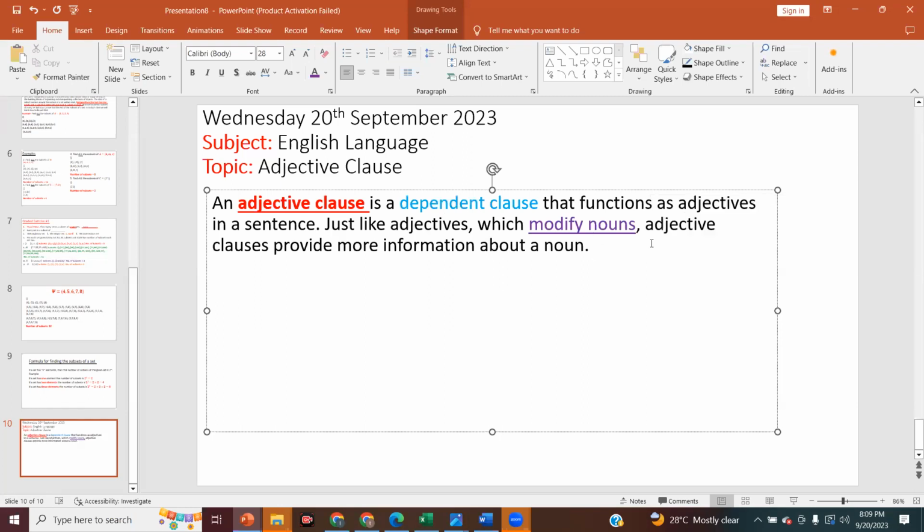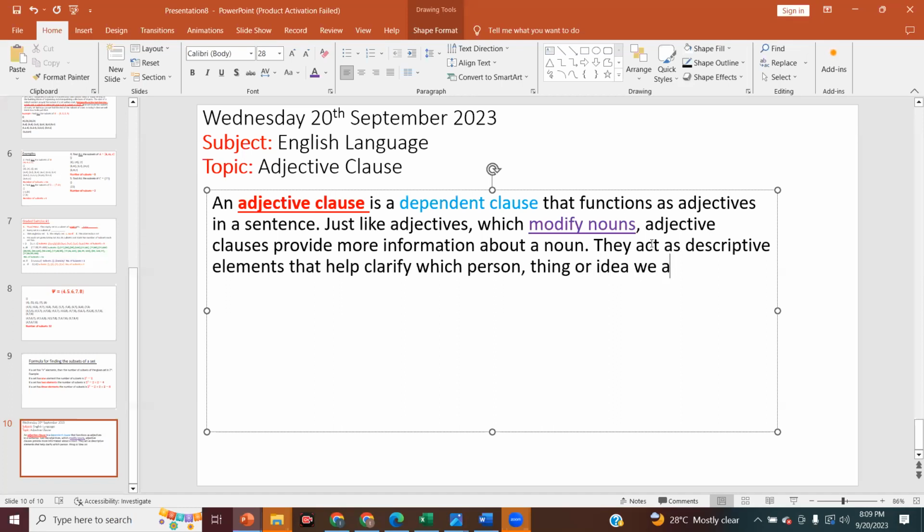They act as descriptive elements that help to clarify which person, thing, or idea we are talking about.